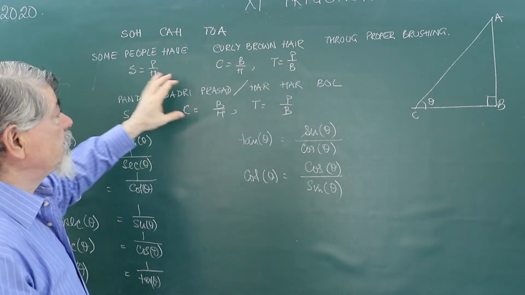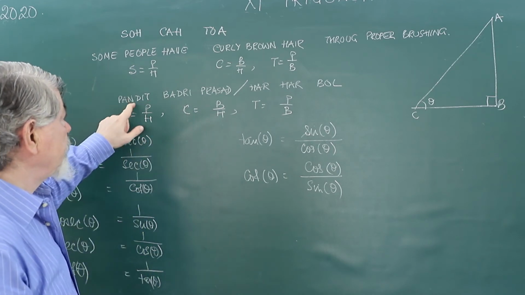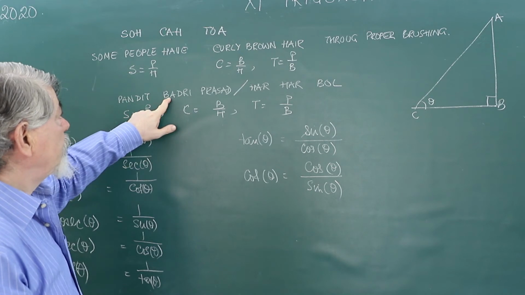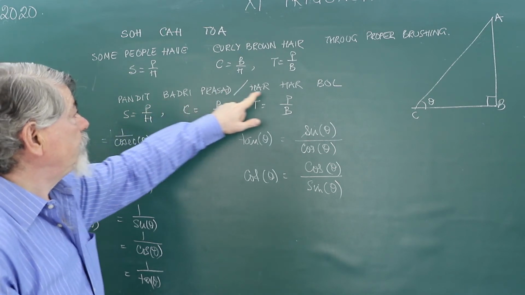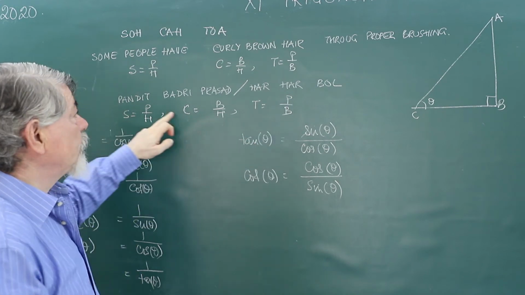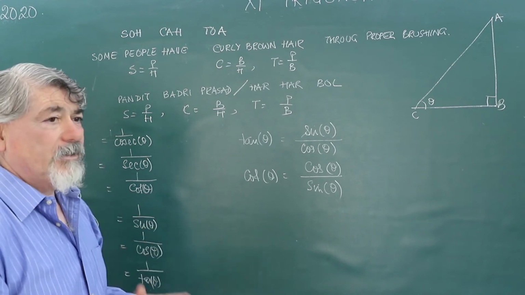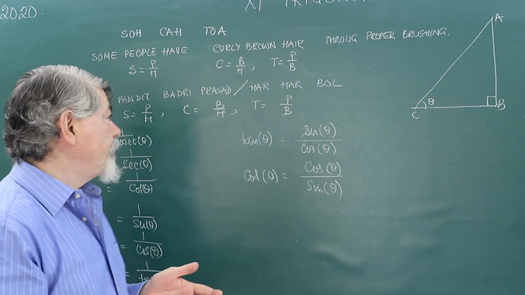Another way is Pandit Badri Prasad upon Har Bol. Sine is Pandit upon Har, cos is Badri upon Har, and Prasad upon Bol will give you sine cos tan. So whichever you want to remember, remember one and you will never forget it.